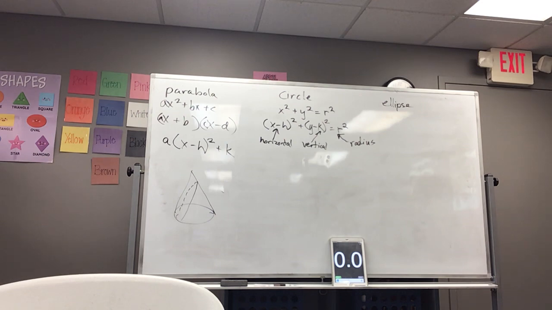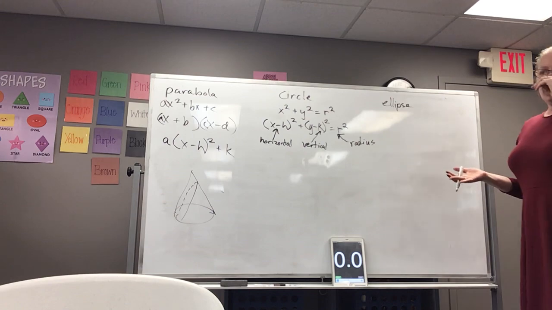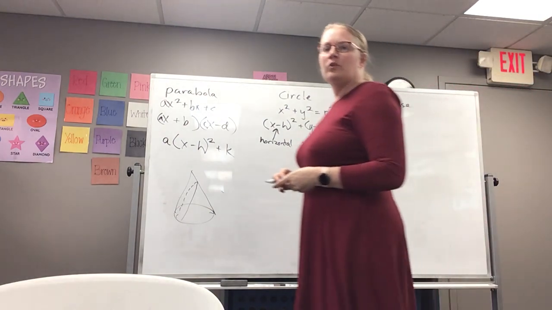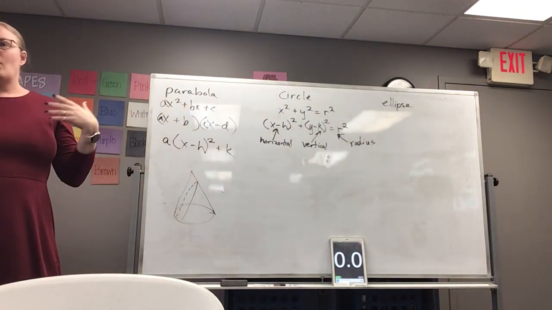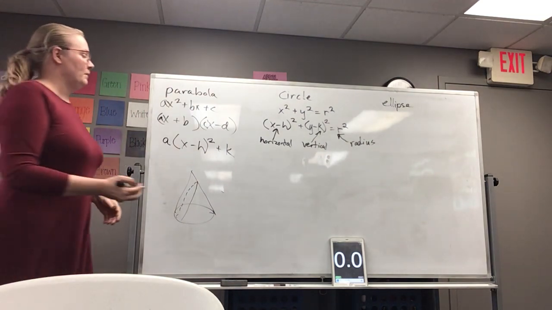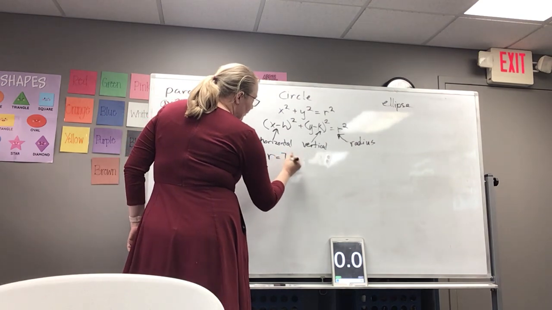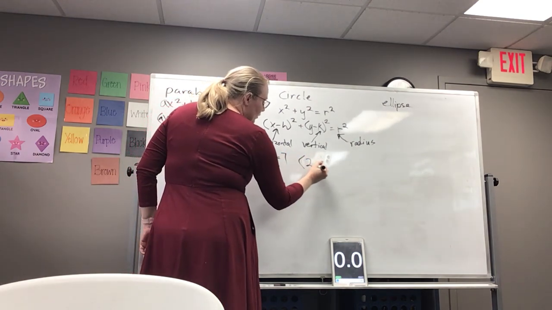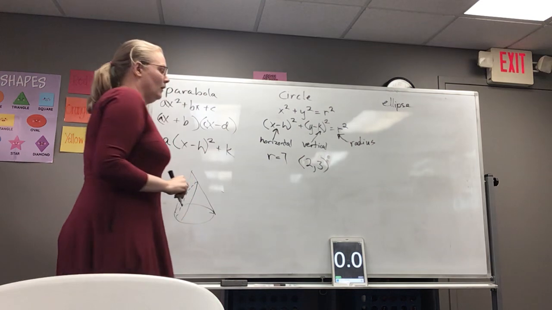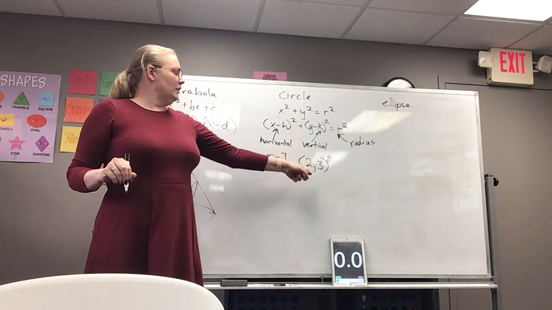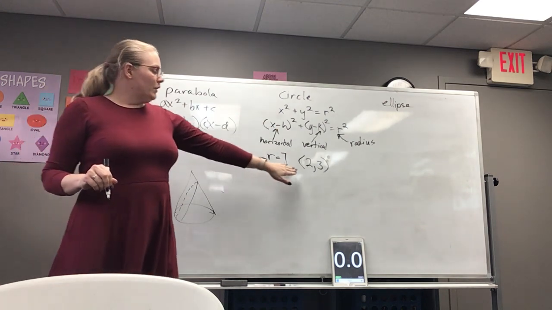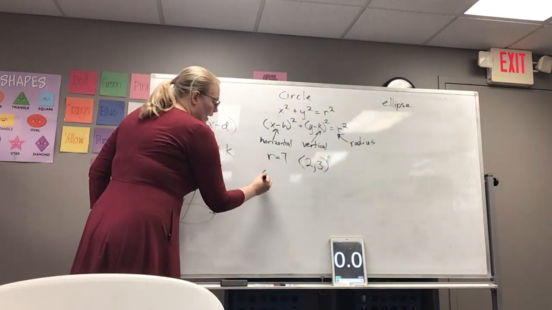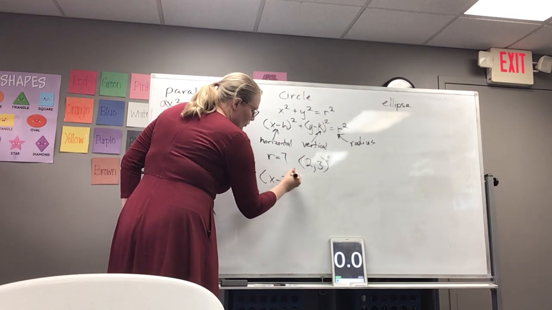And so a very classic question would be, what is the formula of a circle with a radius of 7 that is centered about the point 2, 3? So radius equals 7, and the point is 2, 3. This point will go with our x, and if we want it at 2, we have x minus 2.